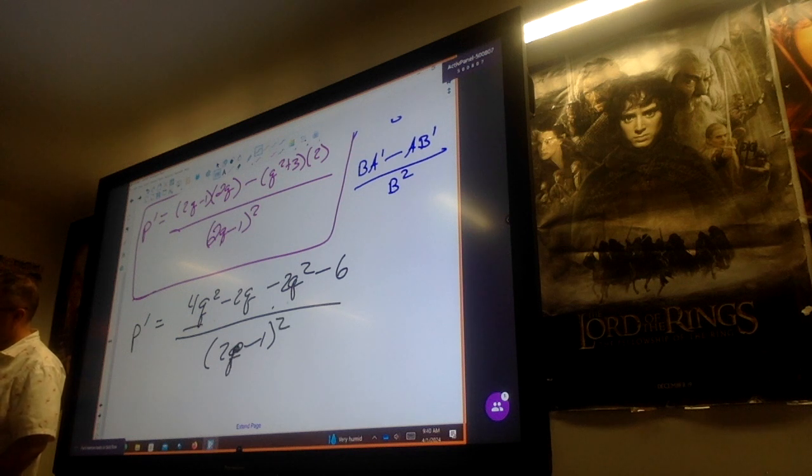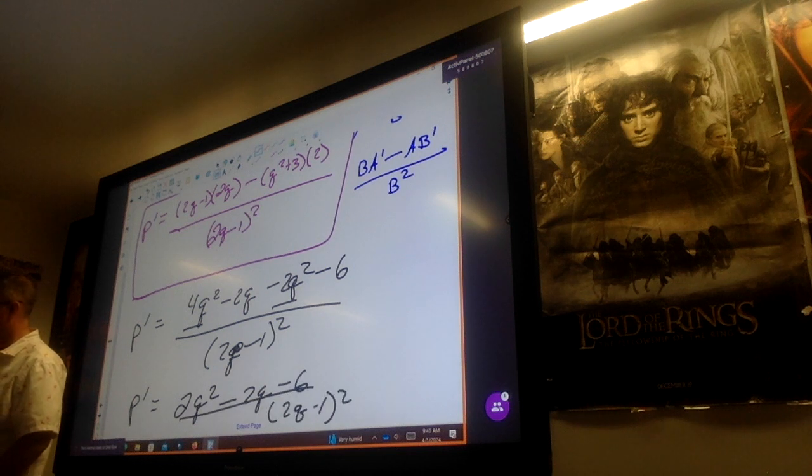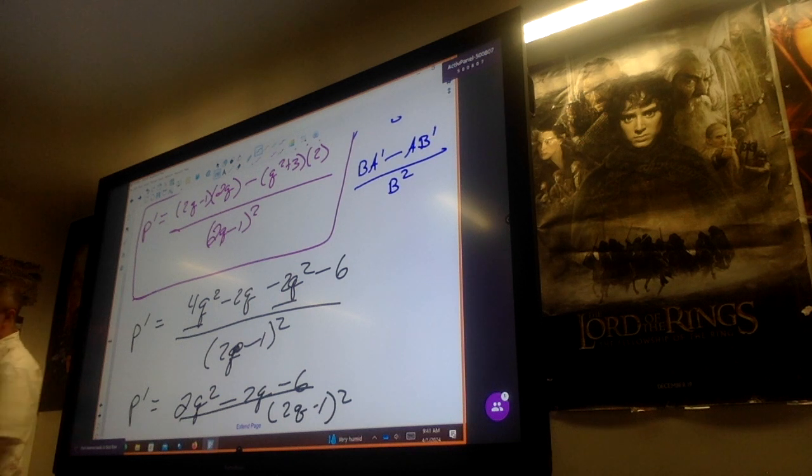Then I can combine those like terms, so that's going to give me p prime is equal to 2q squared minus 2q minus 6 all over 2q minus 1 quantity squared. So quotient rule gets a little goofier, but it's just a matter of simplifying it, going through, taking care of it.